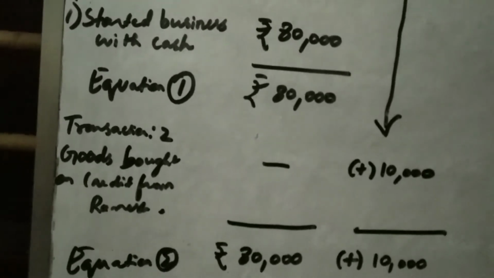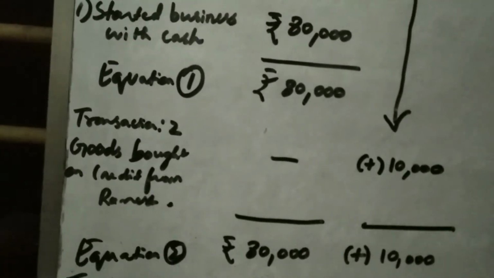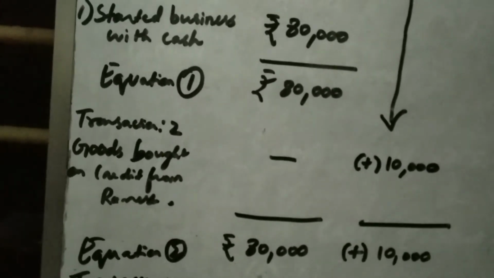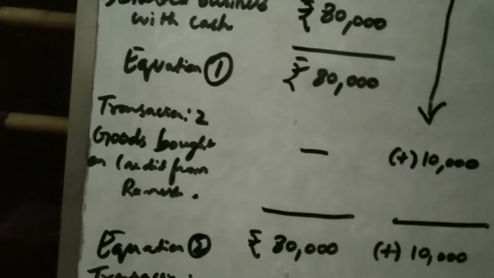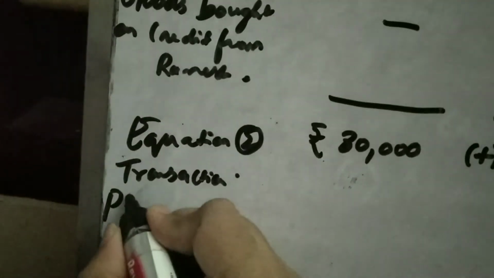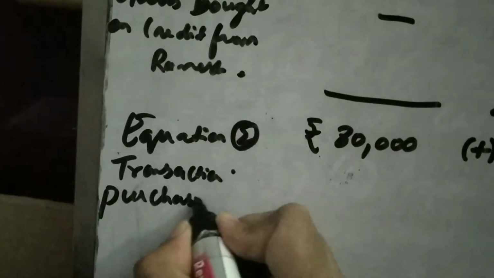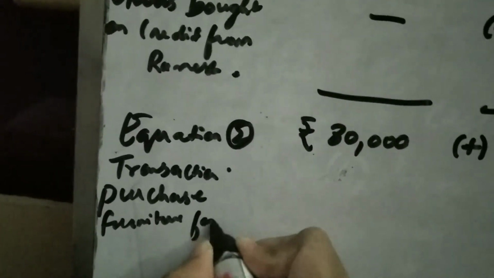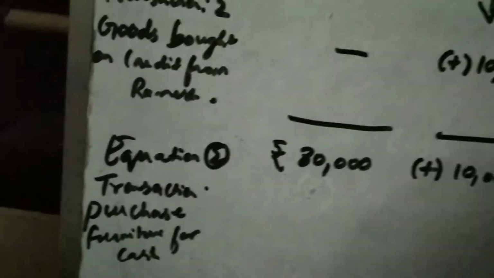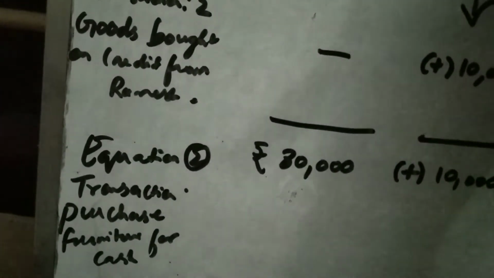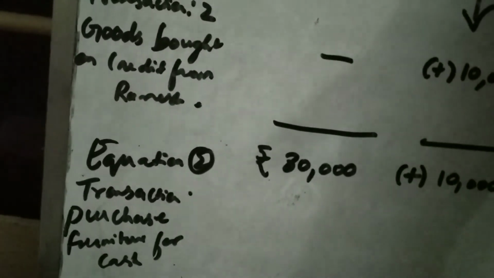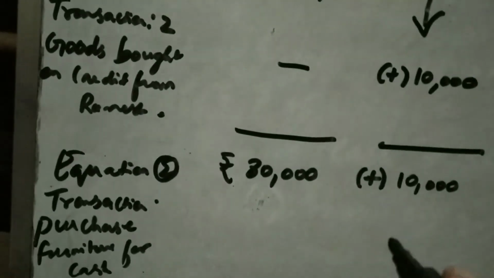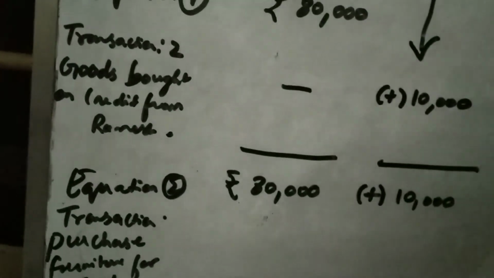Next is transaction 3. Purchase furniture for cash. You have another asset, furniture, now. For cash, 6,000.